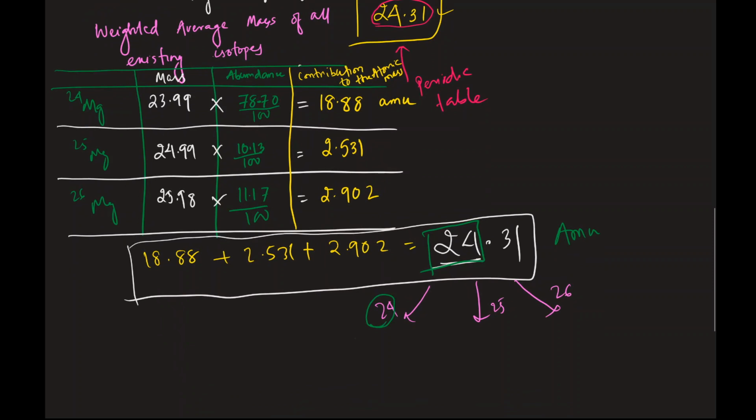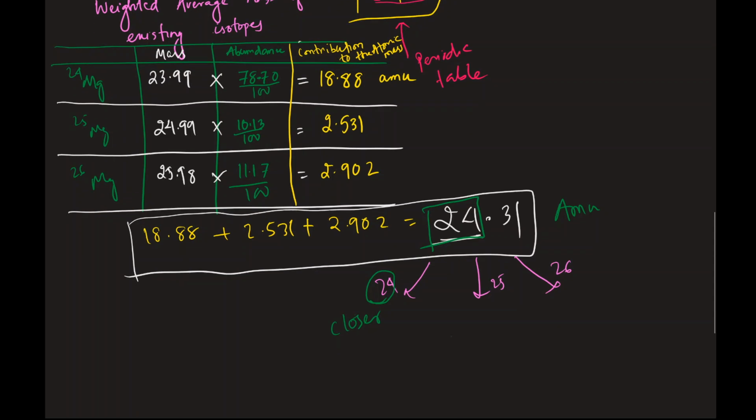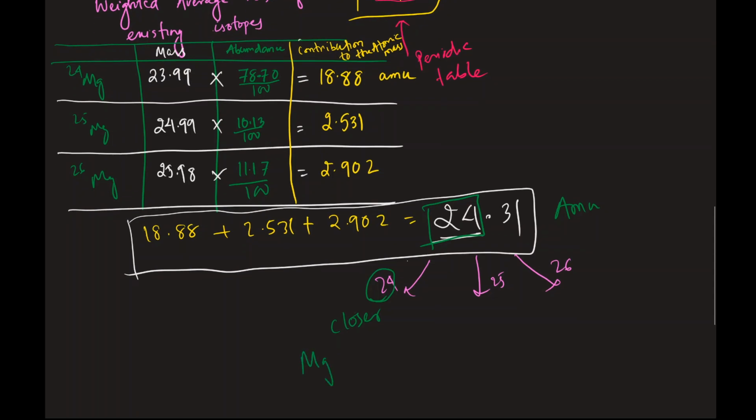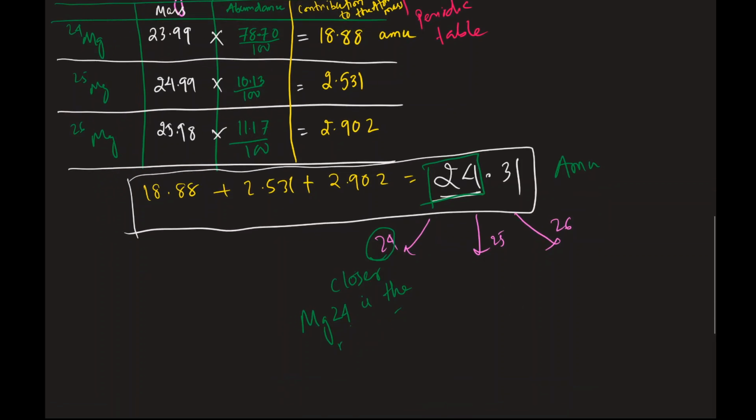So just by looking at the periodic table, you can say that Mg24 is the most abundant isotope in nature, whichever is closer.